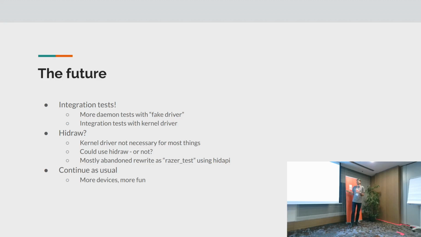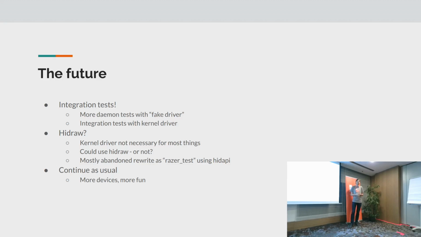As I said before, the kernel driver is kind of a weird thing that we have, because for most of the functionality we use it for sending these USB HID feature reports, which we could do via the wonderful hidraw interface in the kernel, where you can do the same just from user space. We do have some functionality that actually needs to be in the kernel.